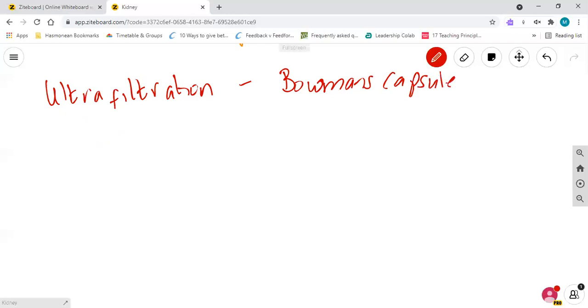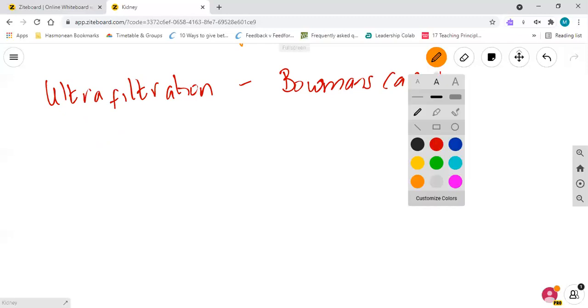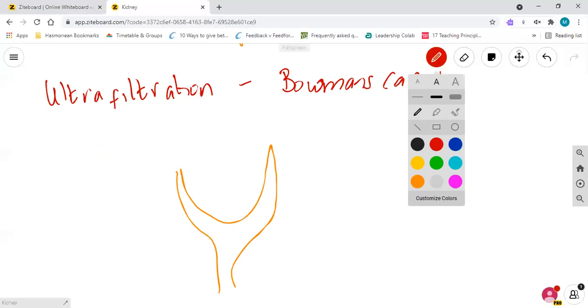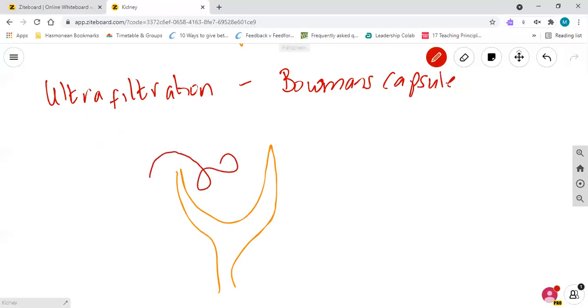So I'm going to just draw the picture of just the Bowman's capsule. So here is our capsule, like so. And remember we said that there was a knot of capillaries in here called the glomerulus.